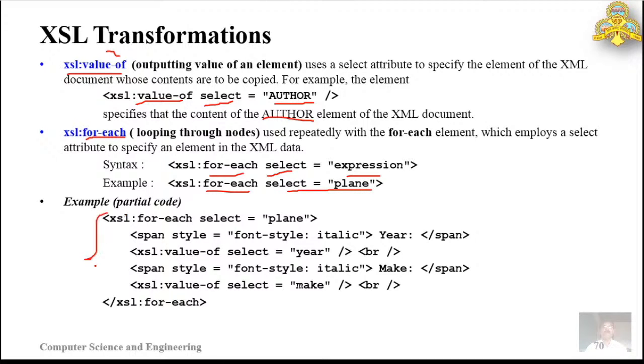I'm giving just partial code here: for-each select equals plane, and here is one value-of select equals, another one here is make. That means for each plane in the root element plane, the data from the tags here and make are extracted.